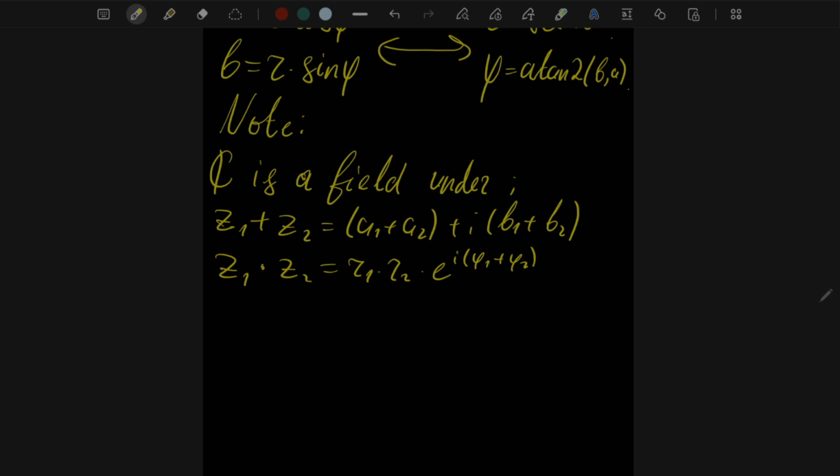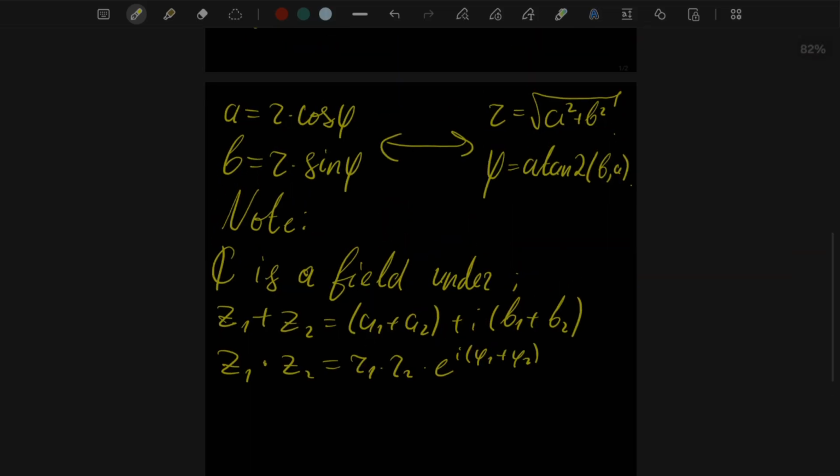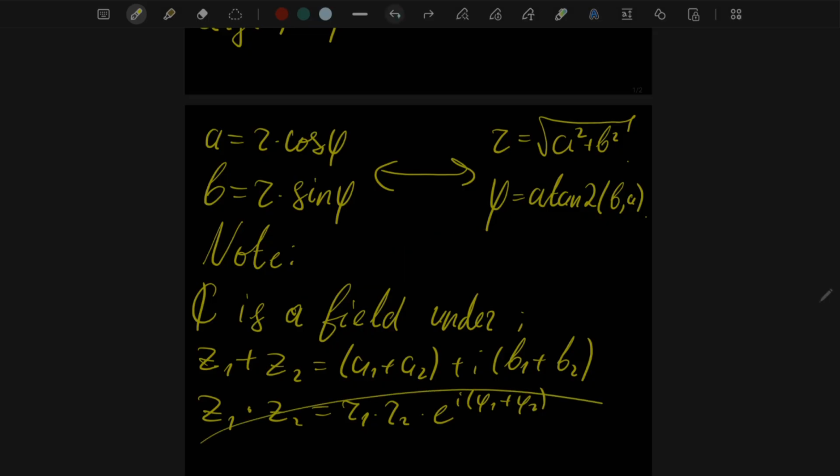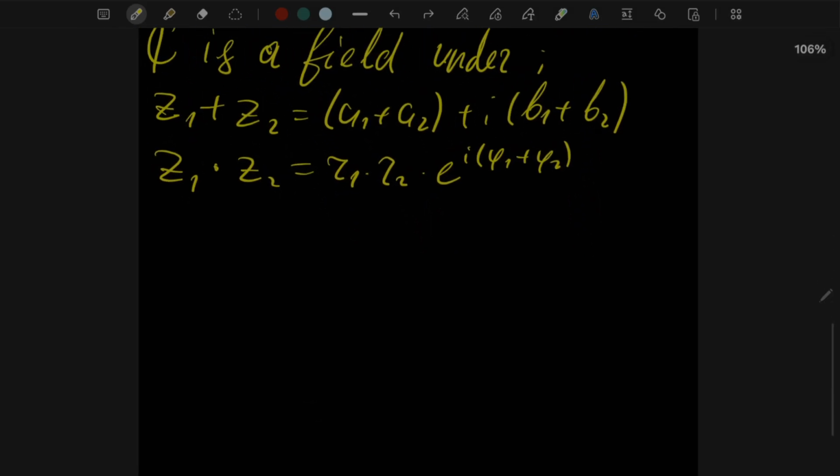This will be how we define our operations of addition and multiplication for complex numbers. Since we have already written the bijections between the polar and algebraic coordinates, I decided to introduce the multiplication in terms of polar coordinates. So let's prove it.